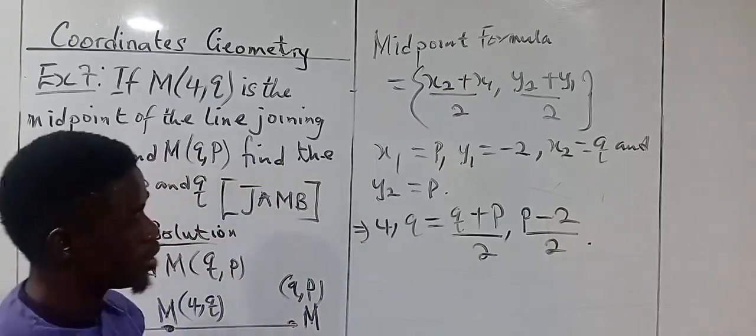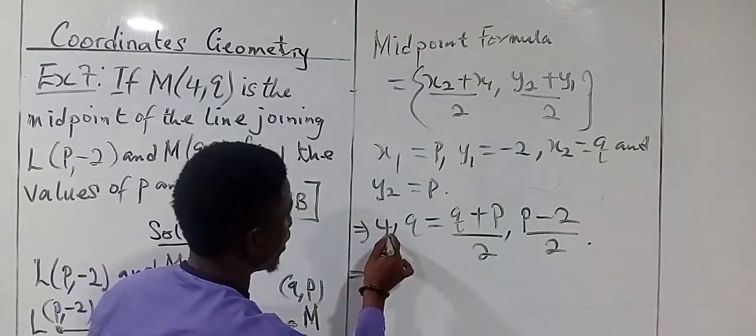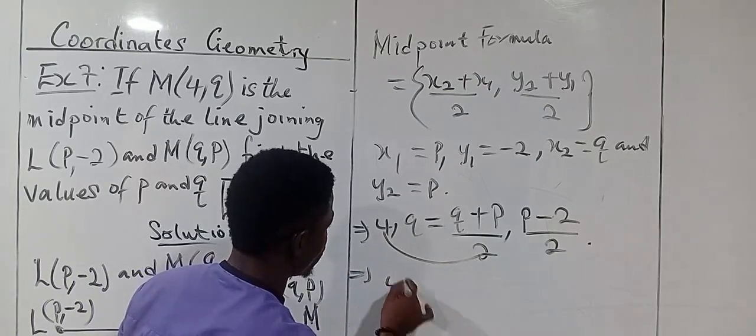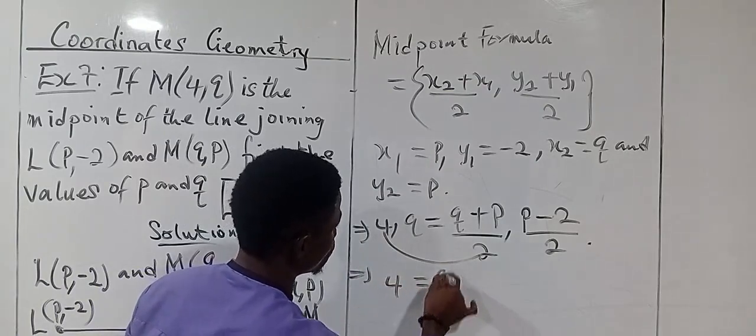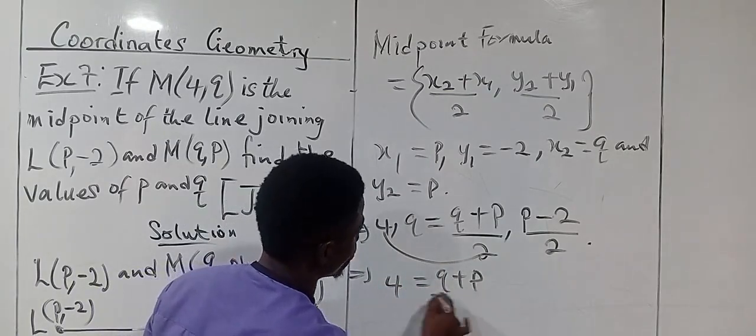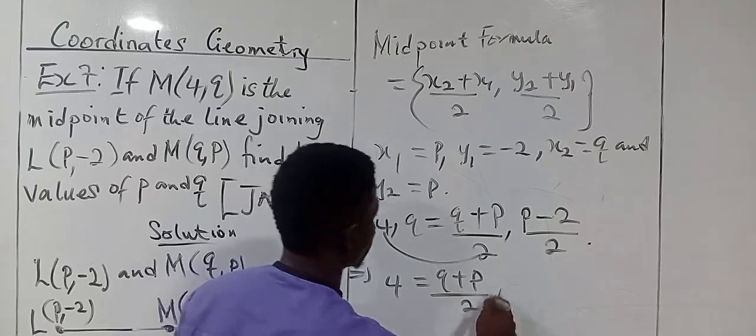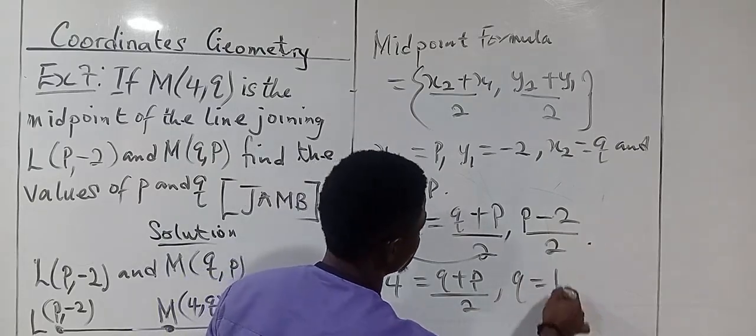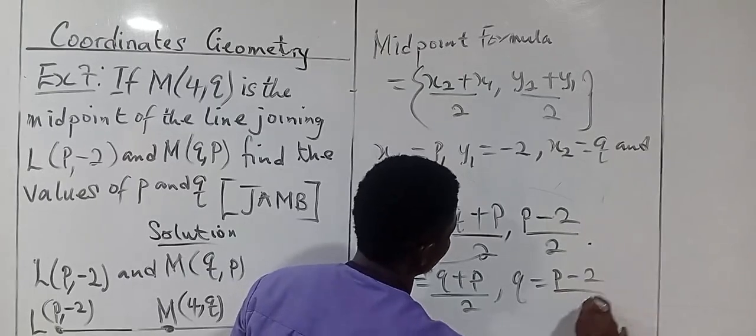Now, you can let this be 4 equals Q plus P all over 2. Then the other one should be Q equals P minus 2 all over 2.